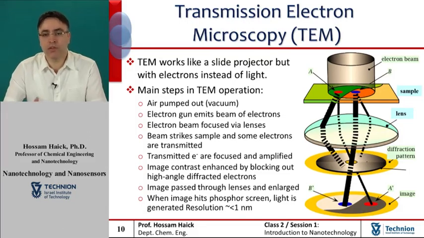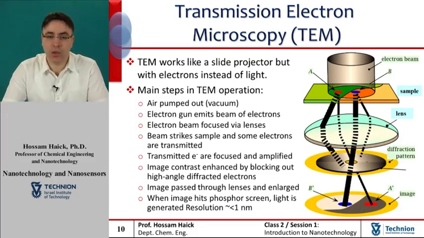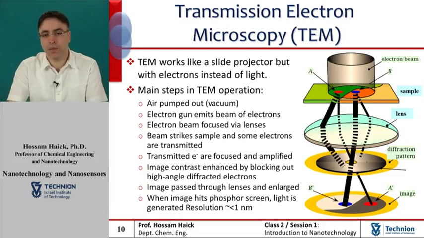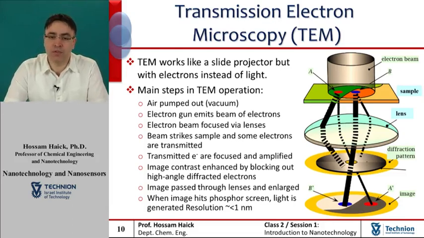The ability to determine the positions of the atoms within materials has made the HRTEM an important tool for nanotechnology research and development. Still, there are a number of drawbacks to the TEM technique.